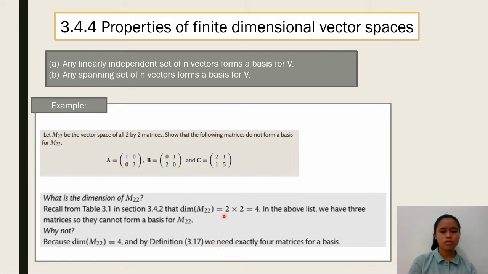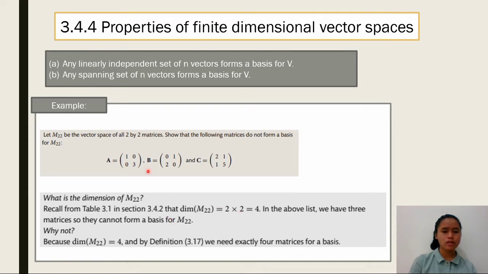So in the above list we have 3 matrices, A, B, and C. Why is the dimension 4?